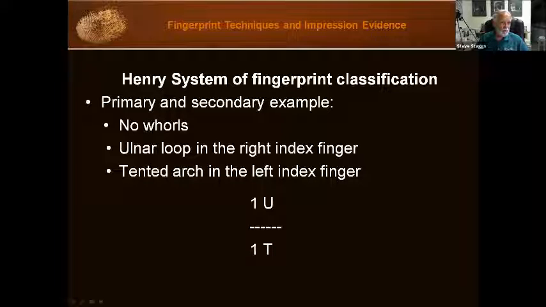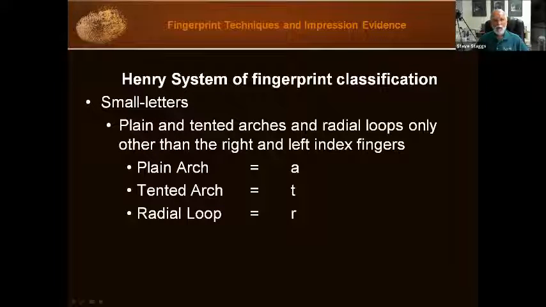Pretty straightforward. If it's an R, it's going to be a radial loop. If it's a T, it's a tented arch. An A, it's a plain arch. Then we complete the secondary with small letters. This is the last thing we're going to cover in the formula.